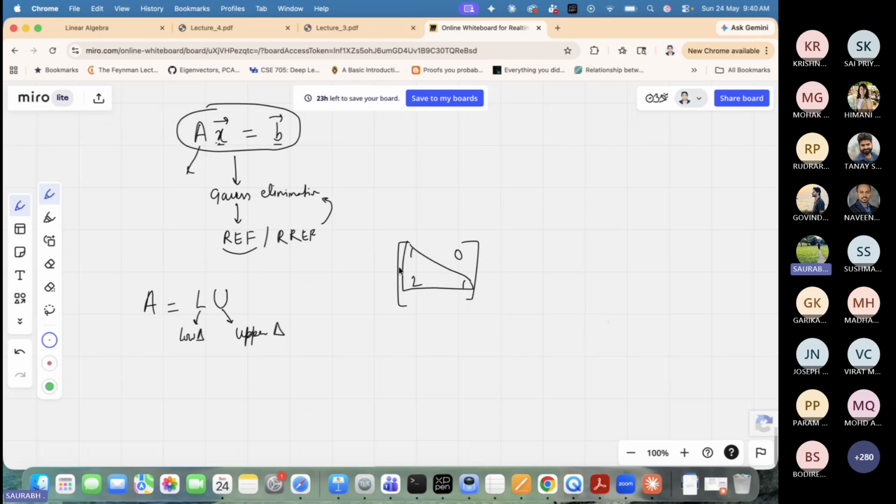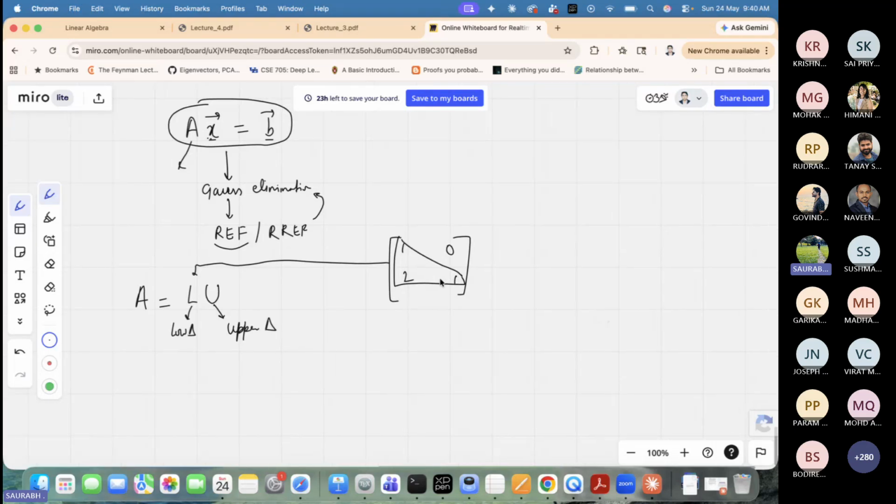If you have something like this, wherein in the triangle below the diagonal the elements are non-zero, then we are speaking about lower triangular, because in the lower triangle there are elements which are not all essentially zero, right?